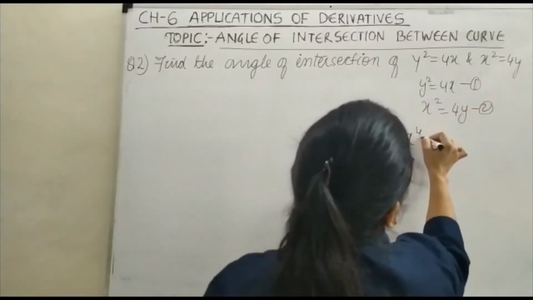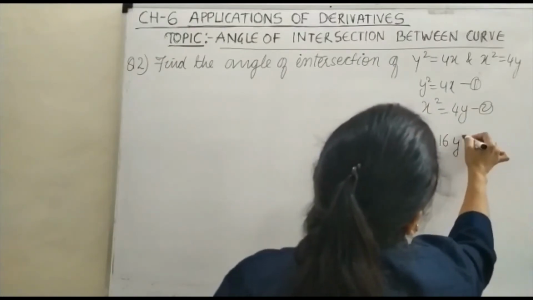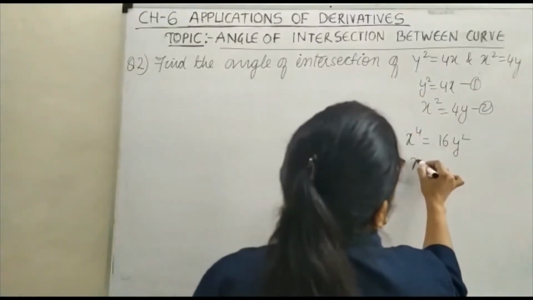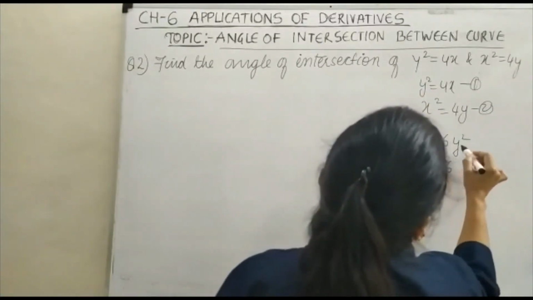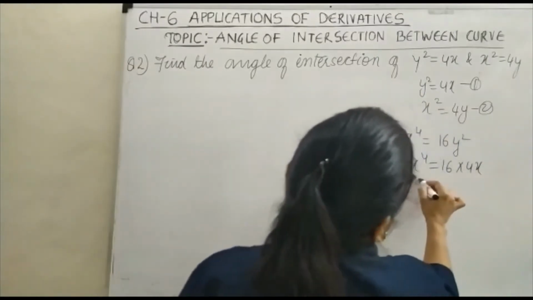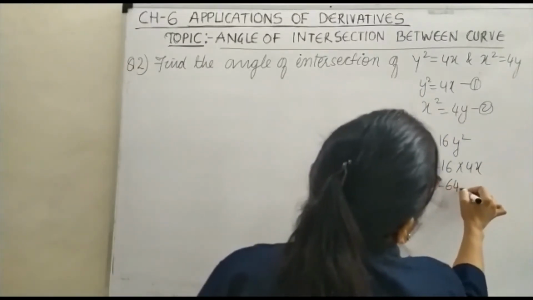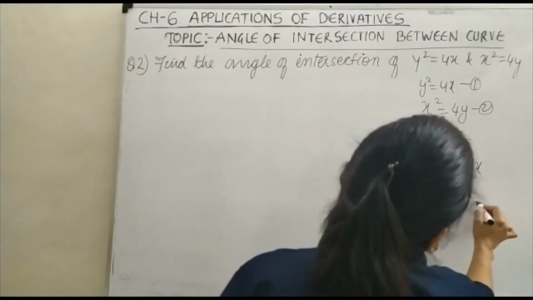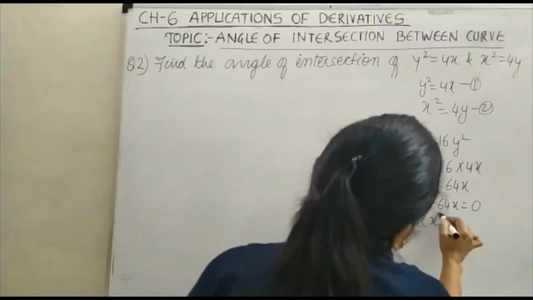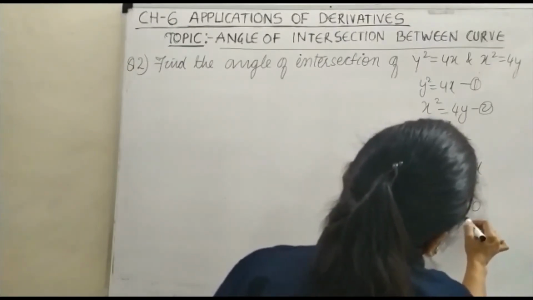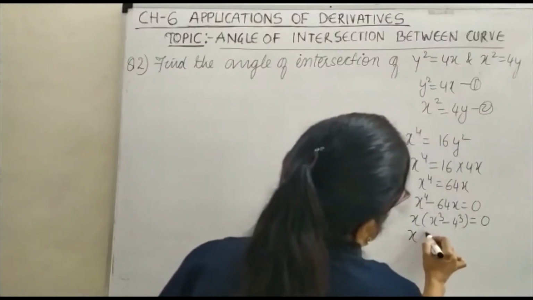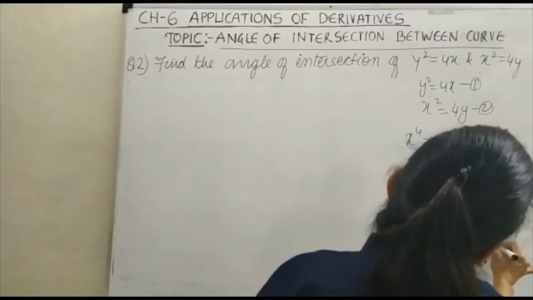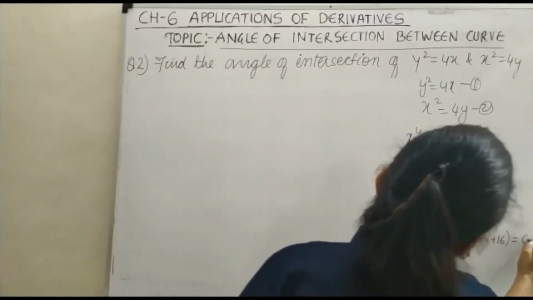This becomes x to the power 4 is equal to 16y square. Now keeping the value of y square as 4x, x to the power 4 is equal to 16 into 4x, x to the power 4 is 64x. Now x to the power 4 minus 64x is equal to 0. We can take x cube minus 4 cube is equal to 0.